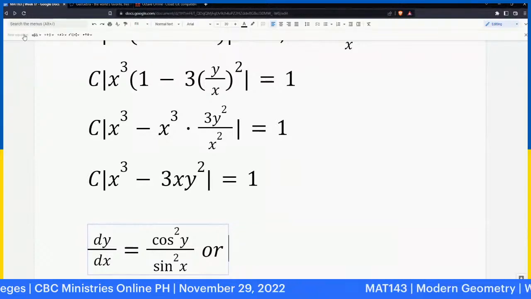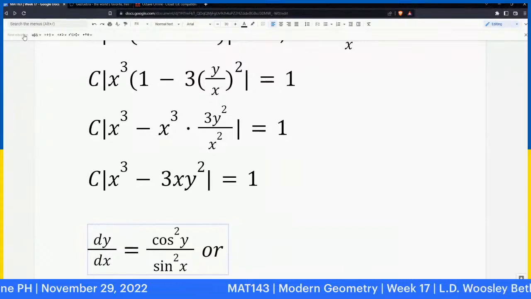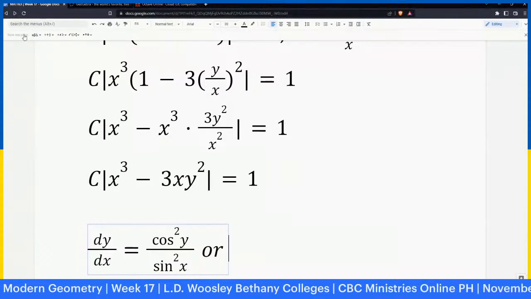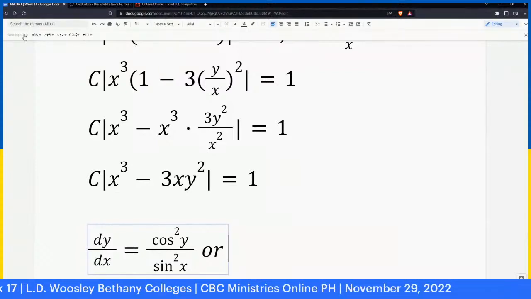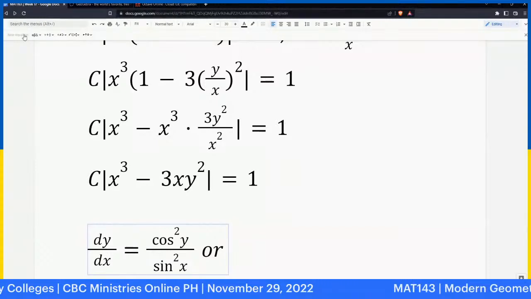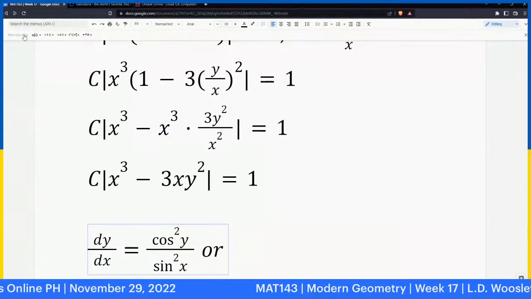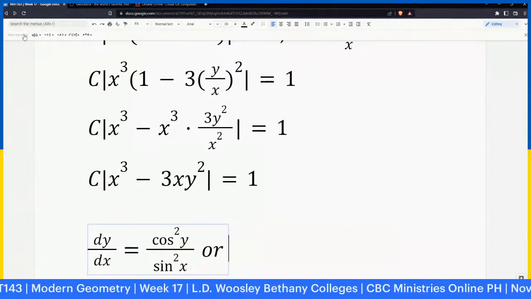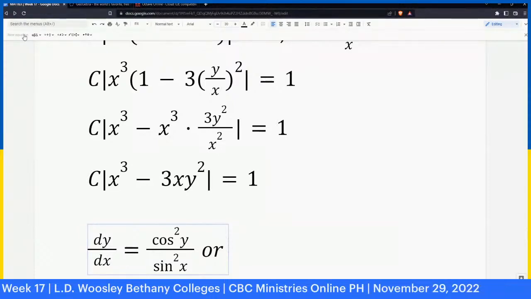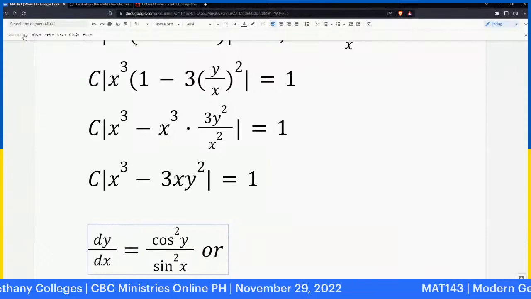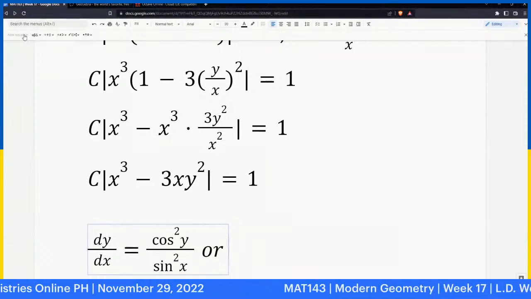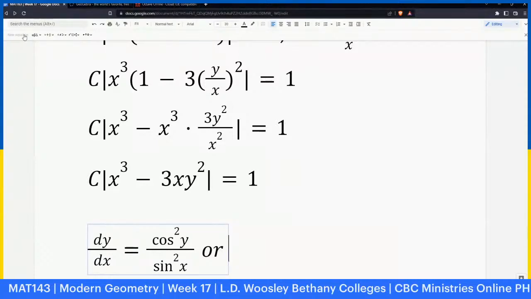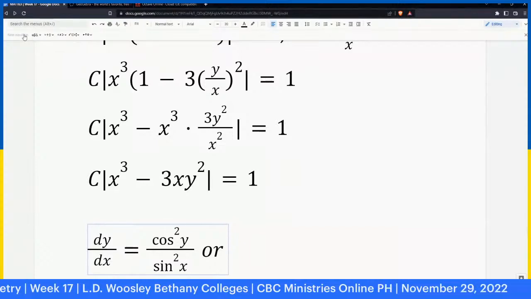What will be the variable separable expression? Basta substitute lang po yung sa una ay binigay.